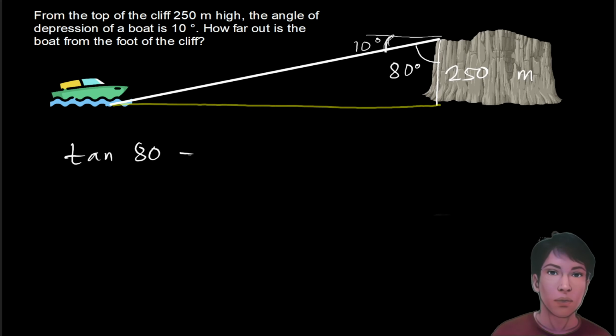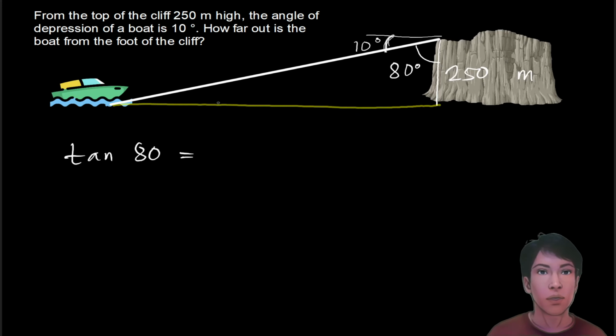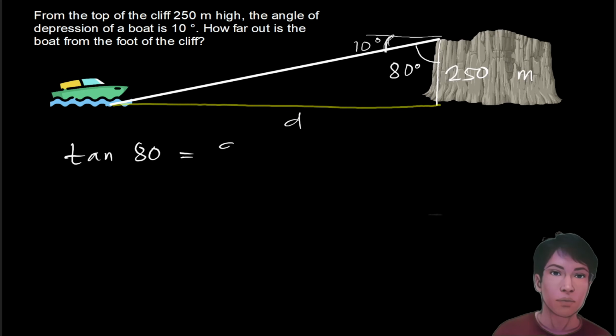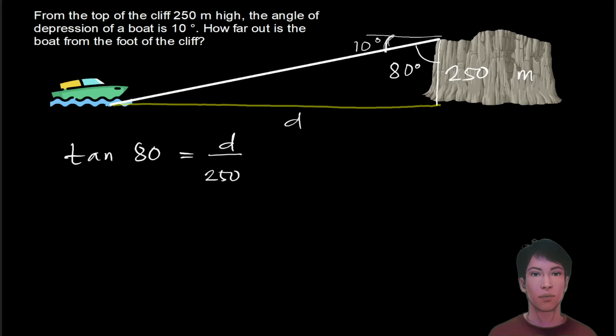Tangent 80 is the distance of the boat, which I designate as D, over 250.